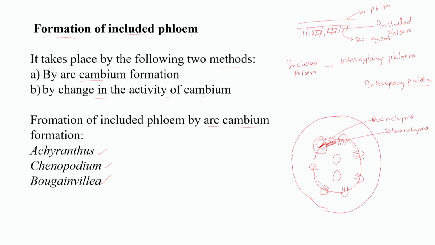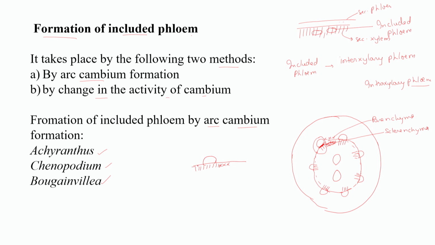Any one of them may become inactive. We can draw a bigger diagram here. Suppose this cambium, which is cutting xylem here, a lot of xylem here, becomes inactive, and then conjunctive tissues are there.